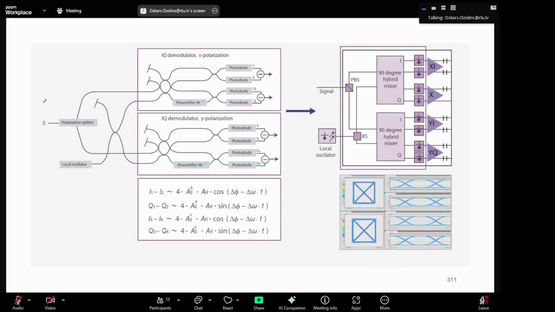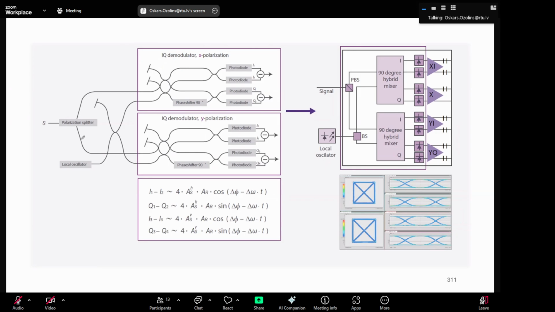So imagine we have a signal where we apply polarization division multiplexing, and then the signal needs to be separated into polarizations. In practice, well, we need to rotate these constellations to know that we get full polarization, this X polarization here and Y polarization there.